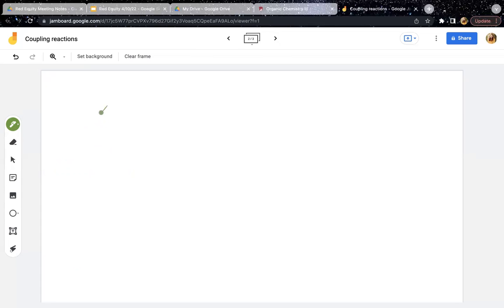So for this one, if you have an aryl halide, like so, and then what I'm about to draw, this is the catalyst that we're going to use. And it's Sn, Bu, three.